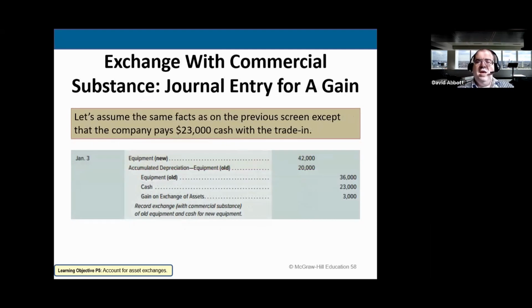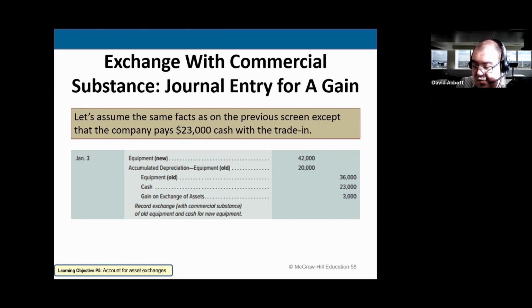So now, an exchange recording a gain. Let's assume the same facts as in the previous asset exchange, except that the company pays $23,000 cash, not $33,000, for the trade-in. We are told that this exchange has commercial substance and that the old equipment has a trade-in allowance of $19,000. This exchange yields a gain as computed in the rightmost gain column of Exhibit 10A.1.